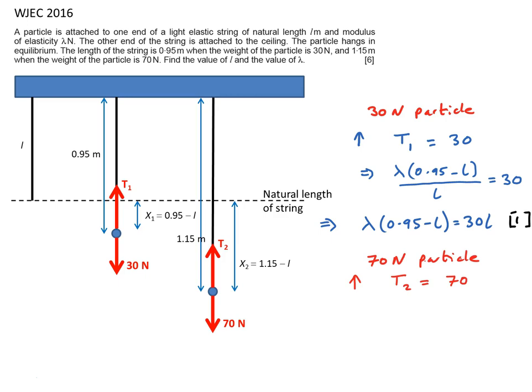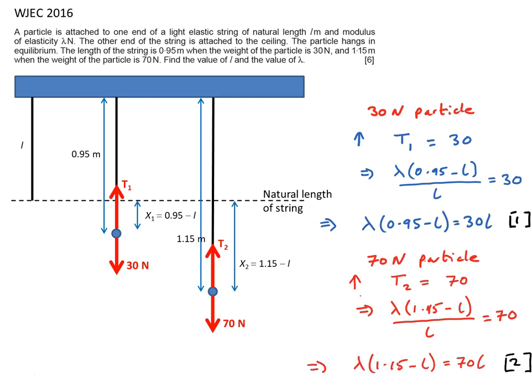We know that the tension must now equal 70 newtons, and Hooke's law tells us that the tension must be lambda times 1.15 minus L divided by L. So we've got lambda times 1.15 minus L divided by L must equal 70. So we have our second equation, lambda times 1.15 minus L must equal 70L.